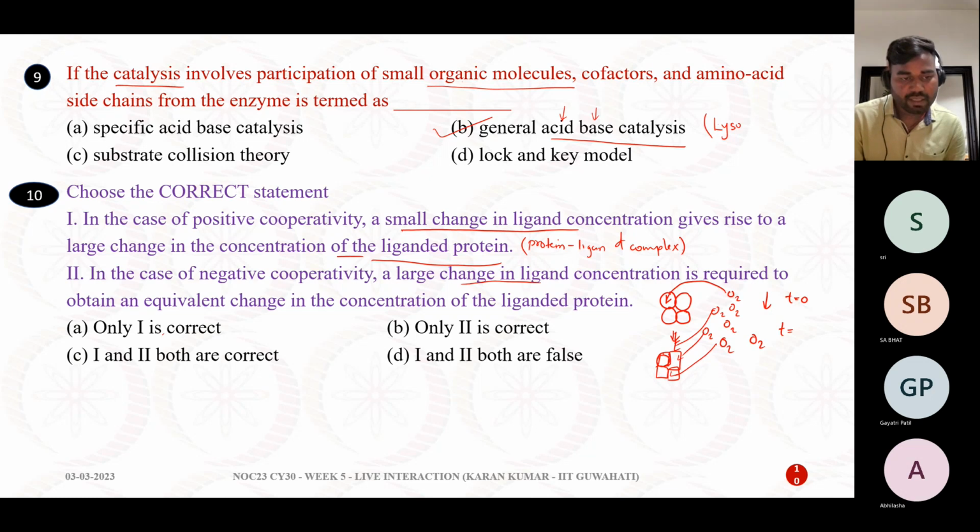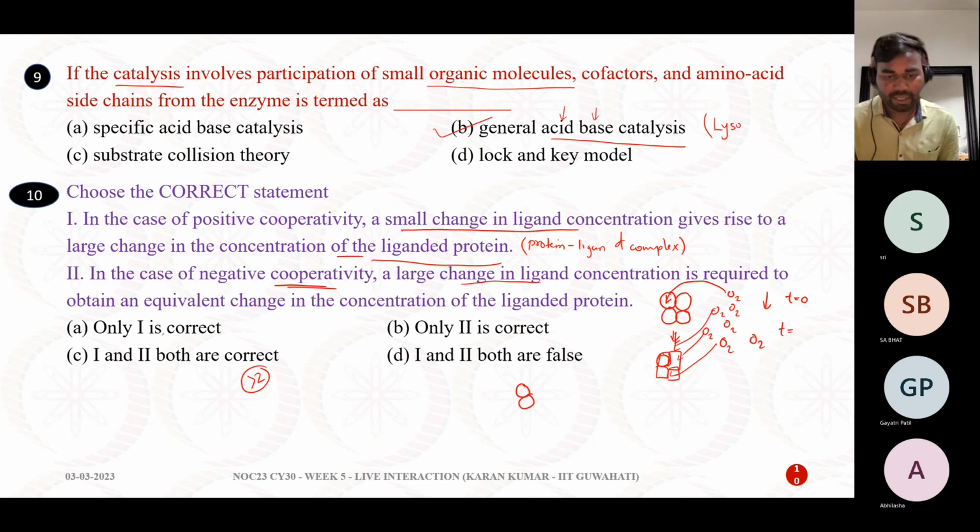Now coming back to statement 2, evaluating negative cooperativity. For comparing negative cooperativity, you just compare it with the normal case. Cooperativity will only appear when there is more than one subunit involved in the binding. If there is only one subunit of the protein, then you won't see cooperativity. Cooperativity will arise when you go above 2 subunits in a protein.